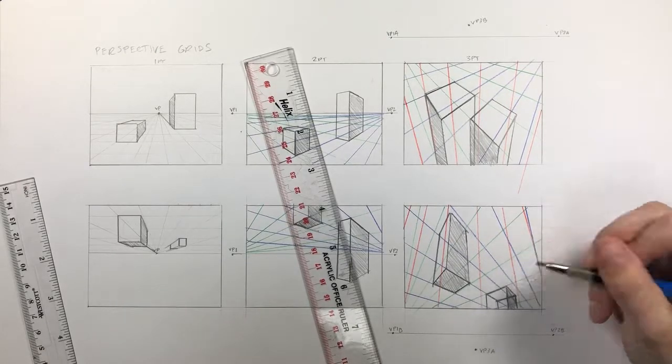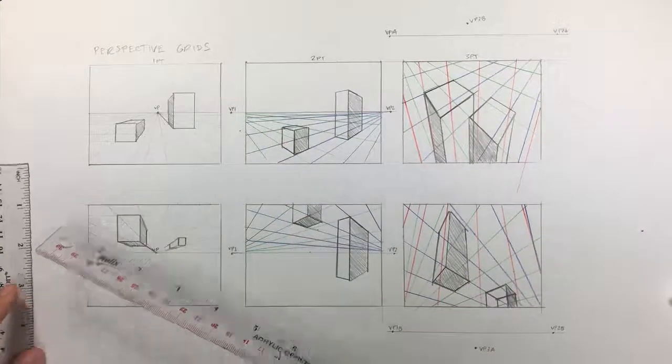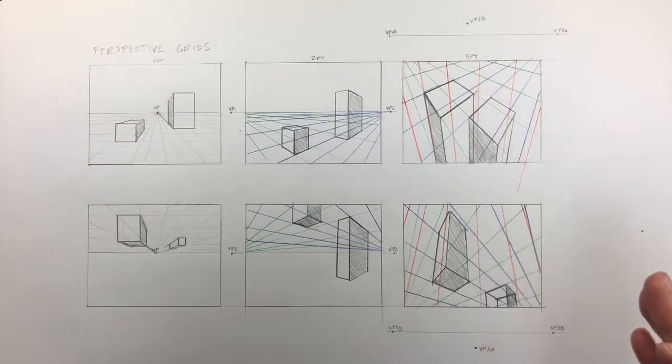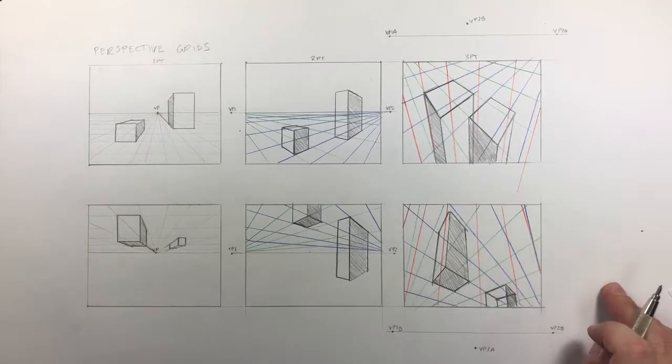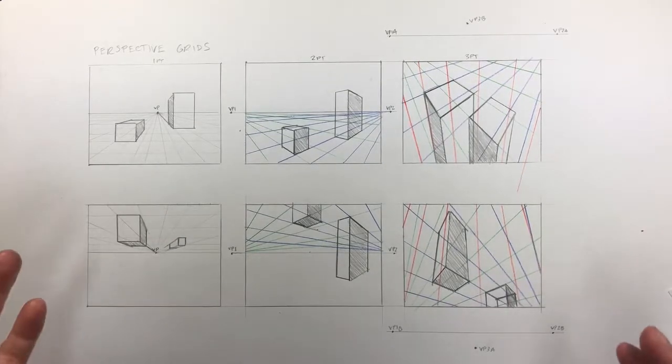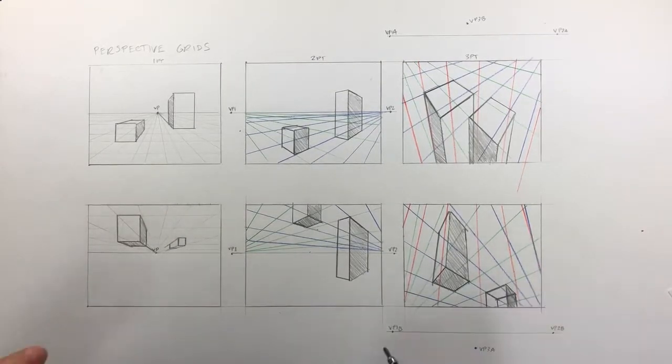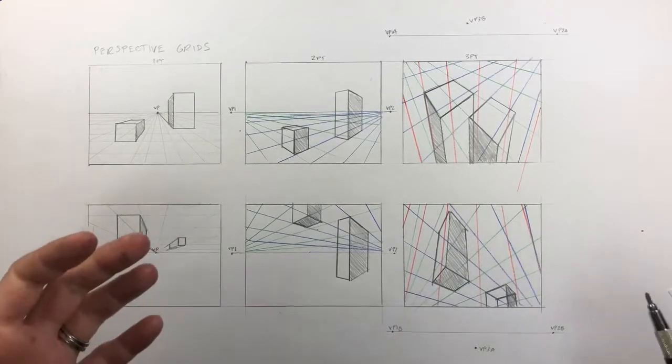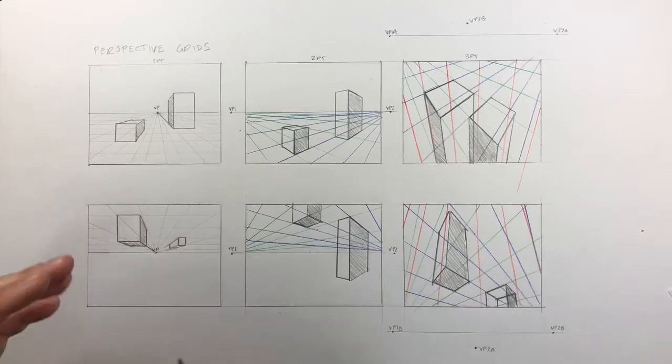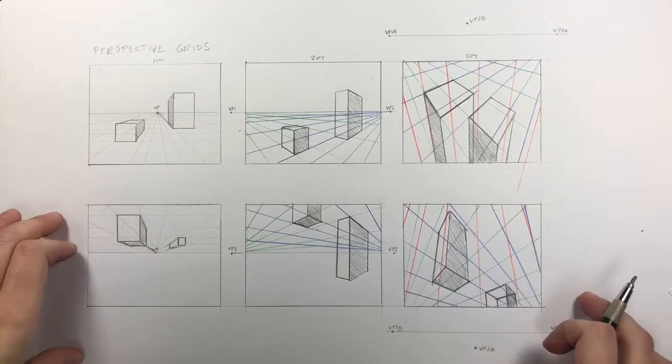So this would be this side. Okay, so here's our perspective grids, and this is how you can use them to really help you visualize and see what's happening. They're really, really useful, especially when you get into more complicated subject matters, which we will be doing soon. So this may come in handy as we move forward.